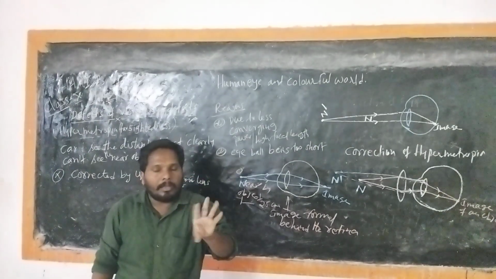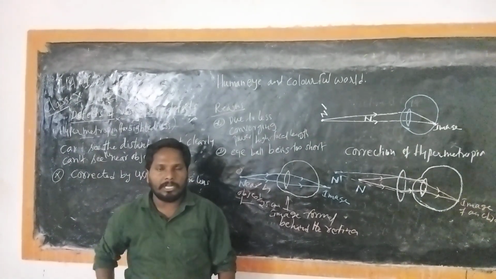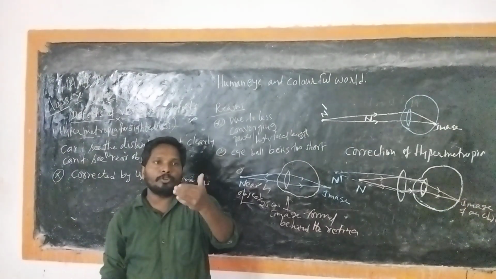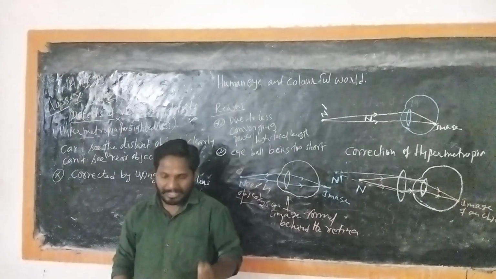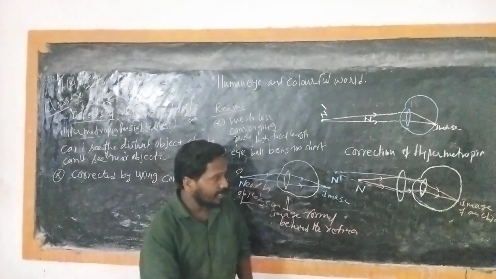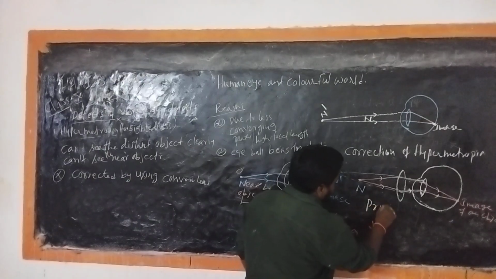Due to the less ability or no power of accommodation, old people are unable to see the nearer objects. Such an eye defect we call presbyopia.